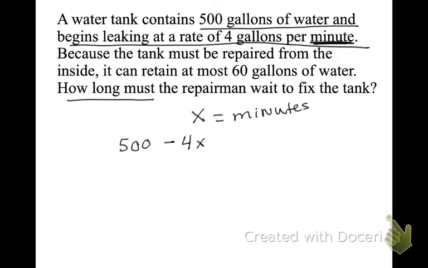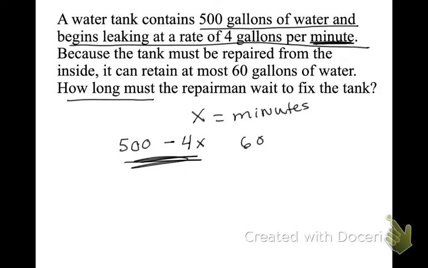Because the tank must be repaired from the inside, it can retain at most. So this has to be less than or equal to, or greater than or equal to. No, it has to be less than or equal to 60.